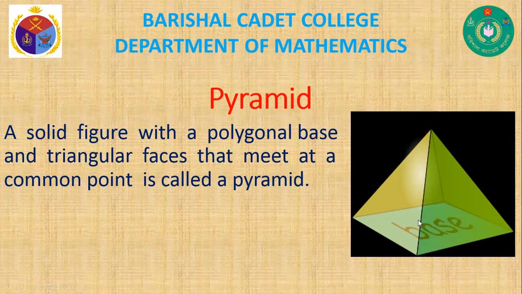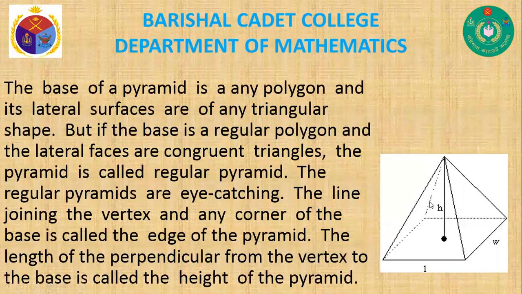I am repeating again. A solid figure with a polygonal base and triangular faces that meet at a common point, this is the common point, is called a pyramid. Now we see that the base of a pyramid is any polygon and its lateral faces are triangles of any shape. We have already discussed it. But if the base is a regular polygon and the lateral faces are congruent triangles, the pyramid is called a regular pyramid.